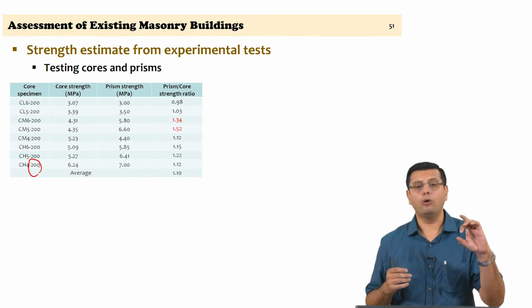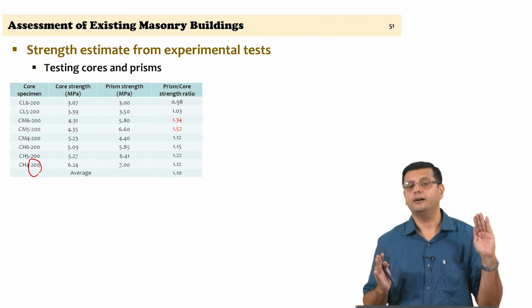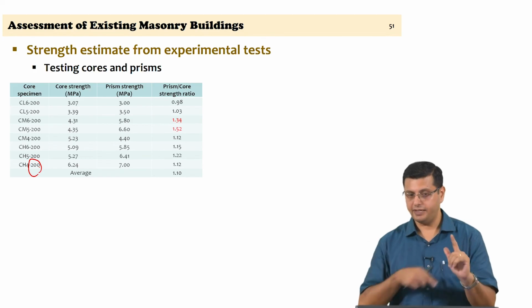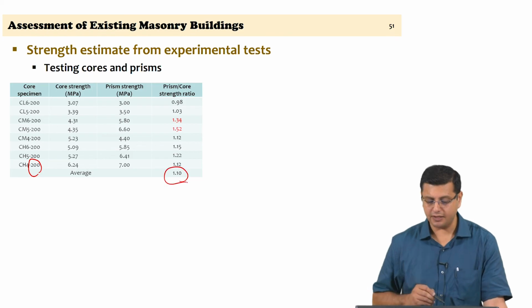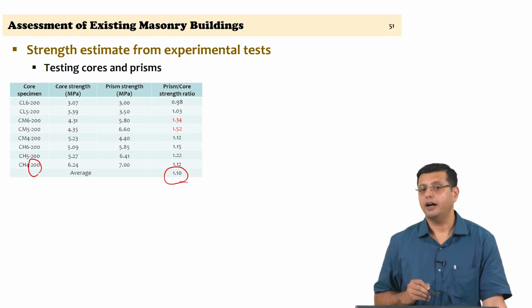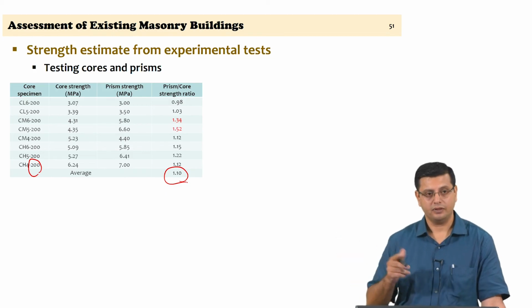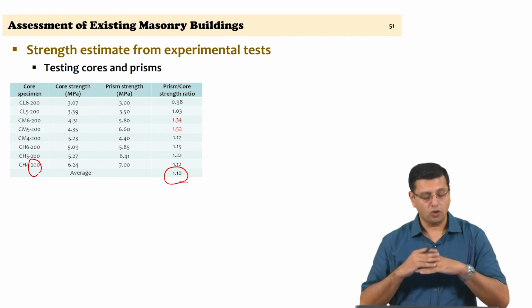If you are extracting a small core, 75 mm, 100 mm, 150 mm, there could be a problem, but if you are extracting a minimum 200 mm diameter core, then the prism to core strength ratio is higher than 1. That the core is always going to give you a strength marginally lower than what the prism will give you, despite the direction being different in the prism versus the core.